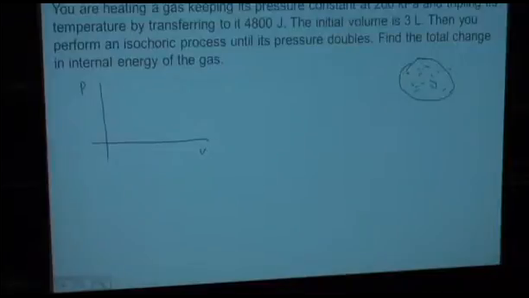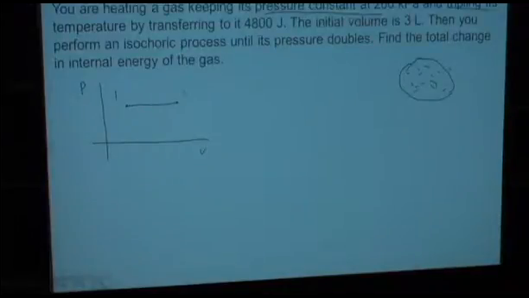What helps is using a graph which shows what is happening to this gas. So, constant pressure, okay, and the temperature is rising, which means volume is also increasing. So that's the direction of the process.